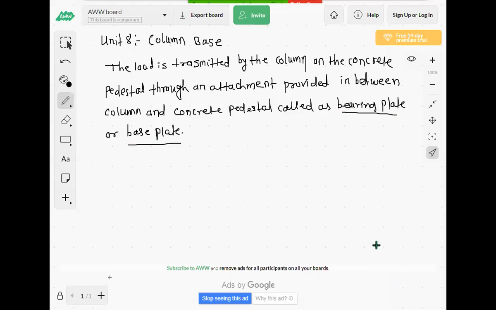So there are generally two types of column base.